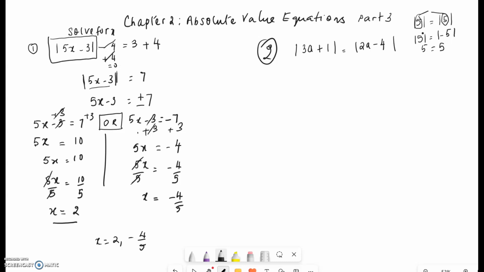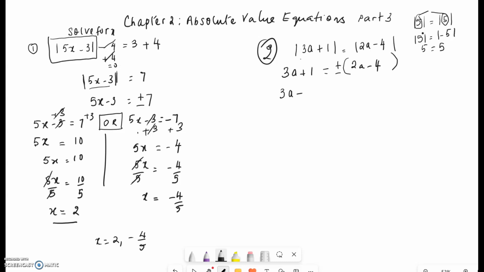So that's how we get, if absolute value of 3a plus 1 is equal to absolute value of 2a minus 4, then 3a plus 1 equals plus or minus, put your parentheses, the quantity 2a minus 4. These are the two possibilities.